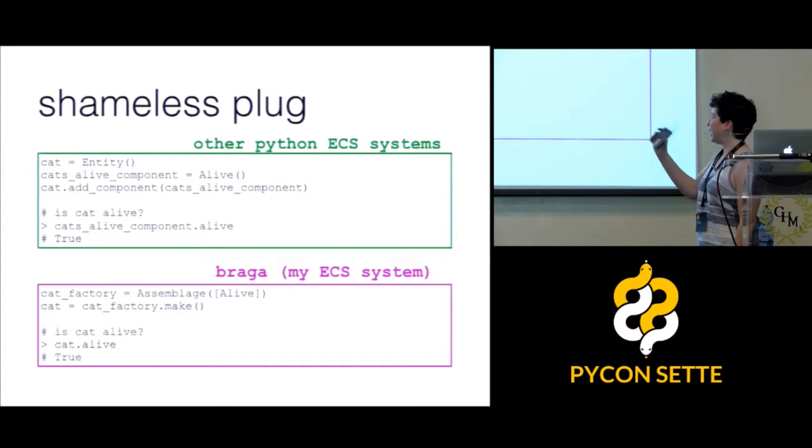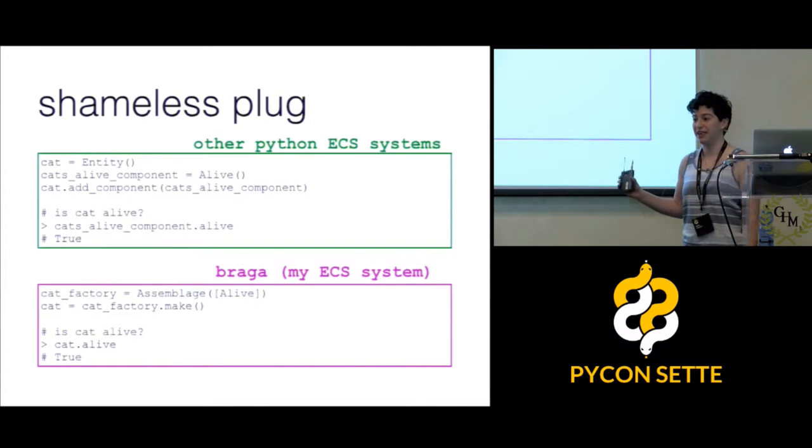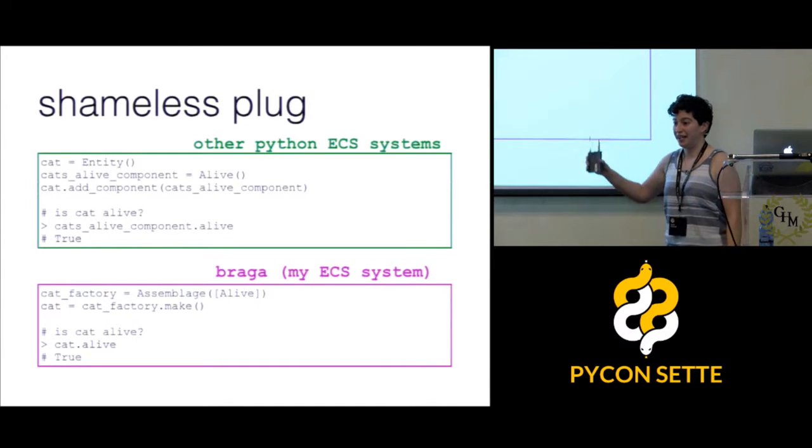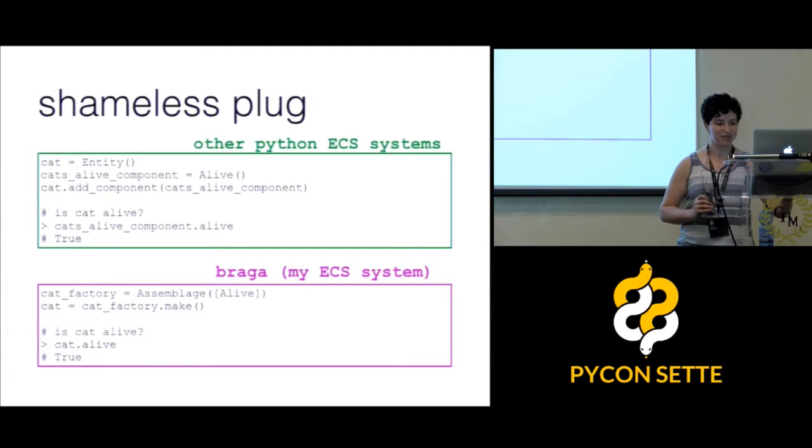So in my ECS system, to check if the cat is alive, you actually can type cat.alive. But it really is ECS. The alive attribute is not actually stored on the cat. I just overwrote the dunder getattr method on the entity class, so it looks in all the components first. I'm very proud of that trick.